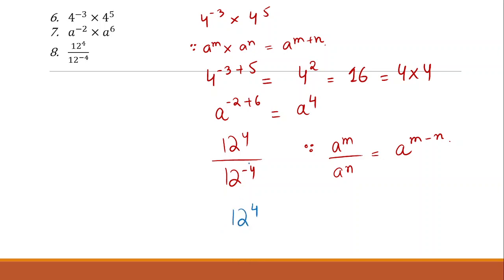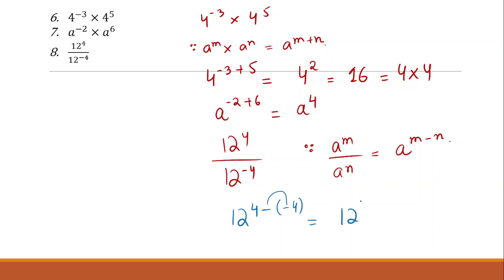12 to the power 4, this term, and then this negative sign, and n is negative 4, right? So we will write negative 4 here. So minus multiplied by minus is a positive sign.